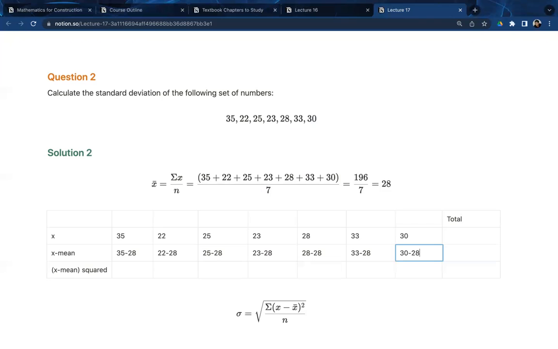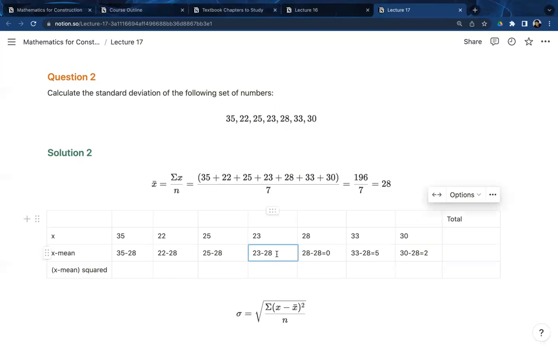So 30 minus 28 is 2. 33 minus 28 is 5. This is 0. This is what, negative 5.